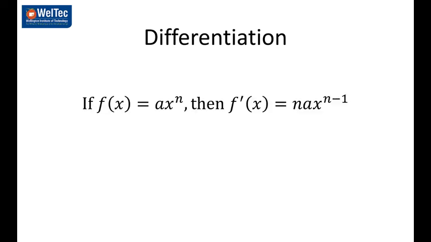There is a general rule that we will find very, very useful, and it covers a lot of the functions that we might look at. If y is equal to, say, 3x to the power of 4, then the derivative is equal to 4 times 3 times x to the power of 4 minus 1, which we could rewrite as 12x to the power of 3.